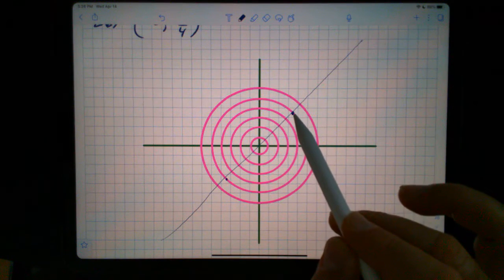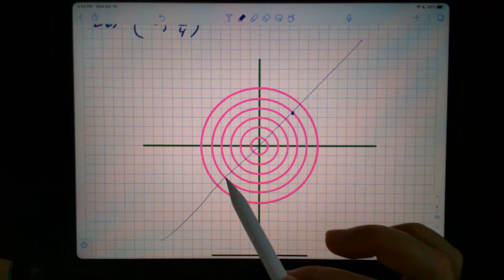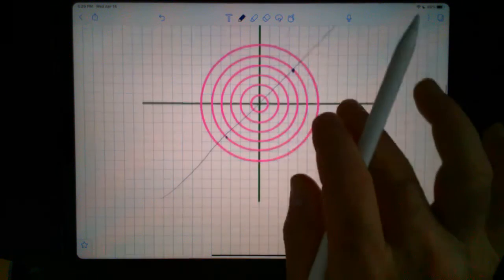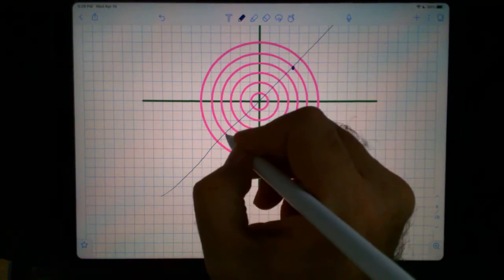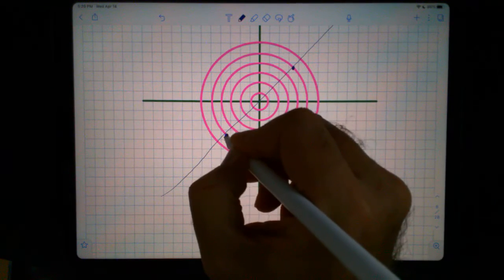This point is positive 5, pi over 4. This point is negative 5 comma pi over 4. So that is the point that we desire.